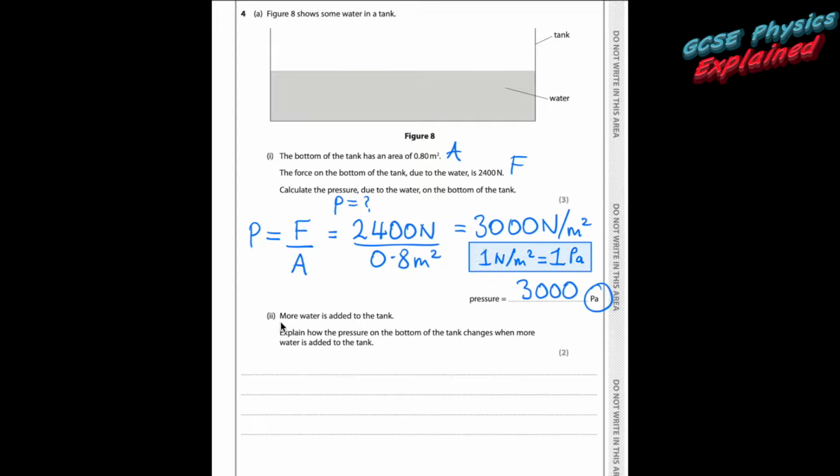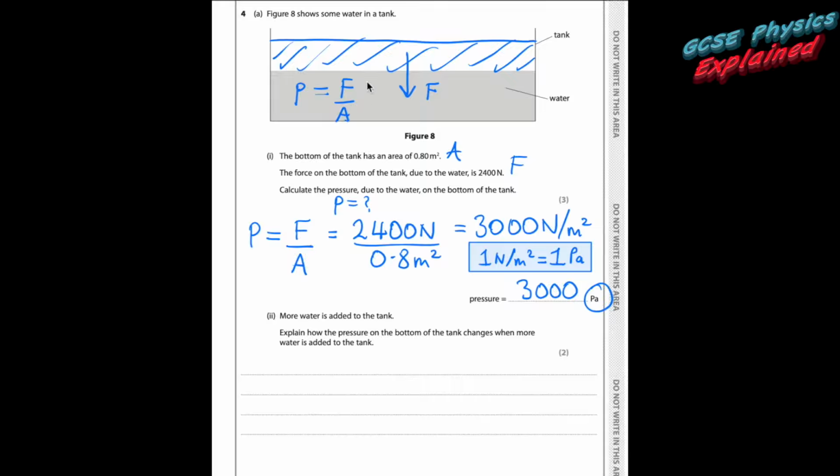Part 2. More water is added to the tank. Explain how the pressure on the bottom of the tank changes when more water is added to the tank. Well, if you're adding more water in here, you've got all that extra force pushing down. And pressure equals force divided by area.